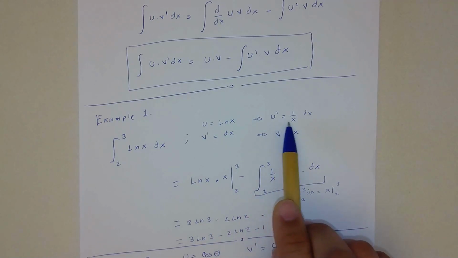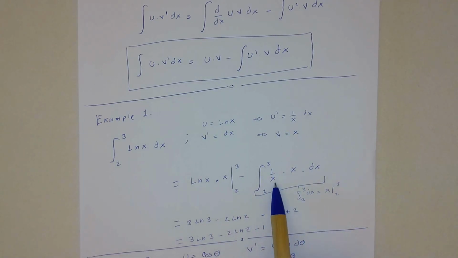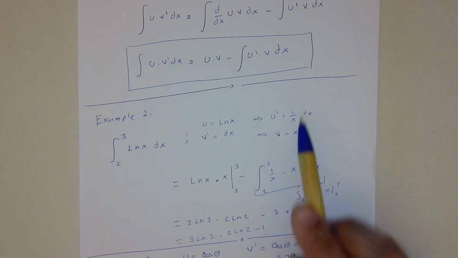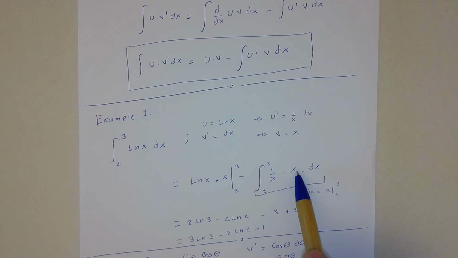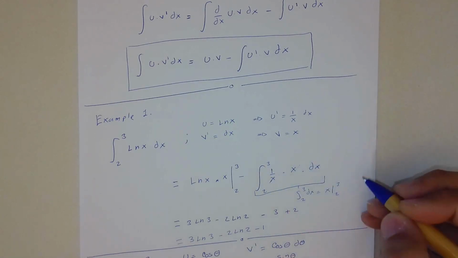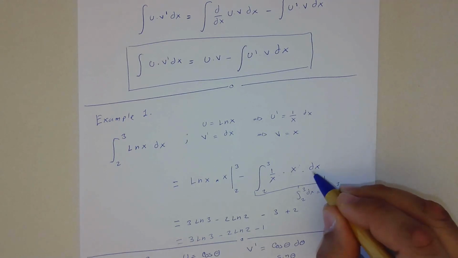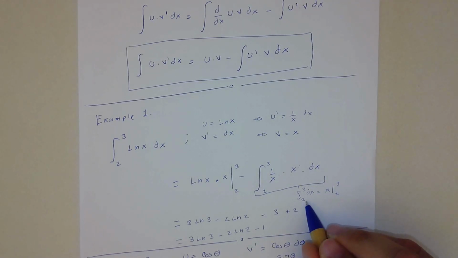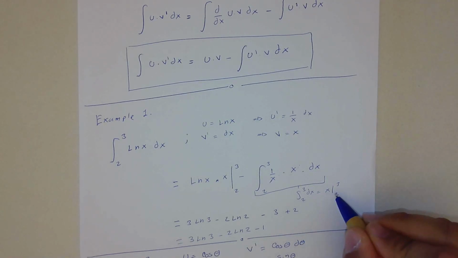The derivative of u is 1 over x, right? Multiplied by the differential term, multiplied by v, which is x. This x will basically go away, right? And we will have just this part, which is the integral of dx, which is x, and we have to evaluate x between 3 and 2.